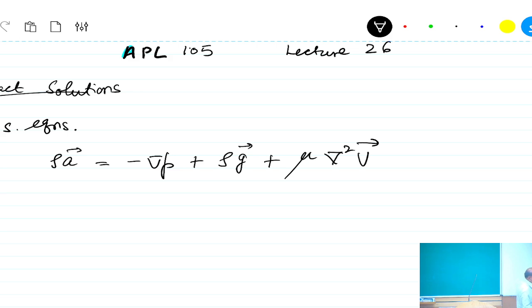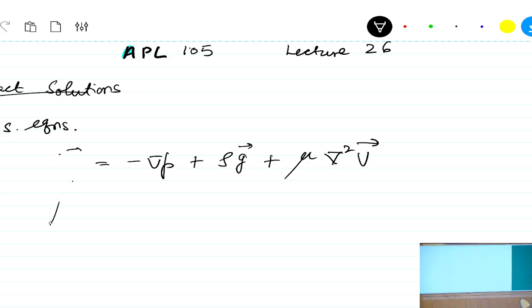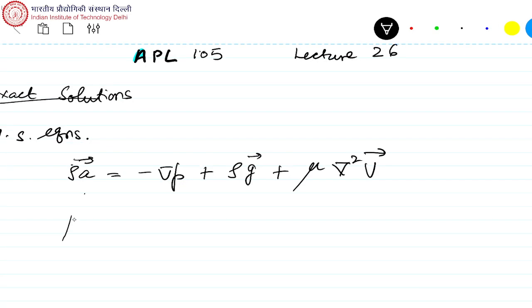These are the Navier-Stokes equations which we are solving, and in most of these cases, this rho times A term became 0.